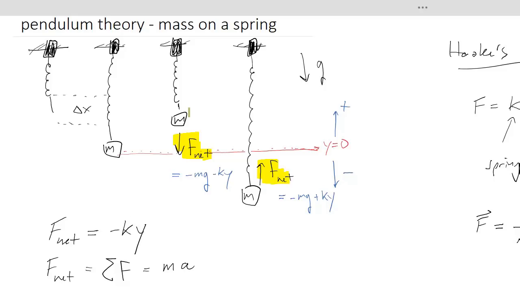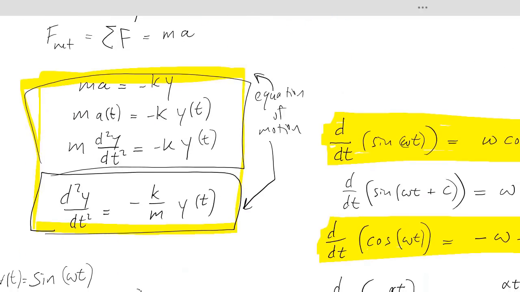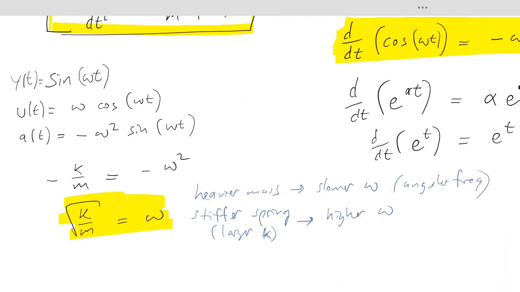The equation of motion tells us that my position function is going to be some kind of sine or cosine. You can show yourself that you can set y of t as some cosine of omega t, and that works just the same. And the result, we learn something about how to affect faster or slower oscillations.